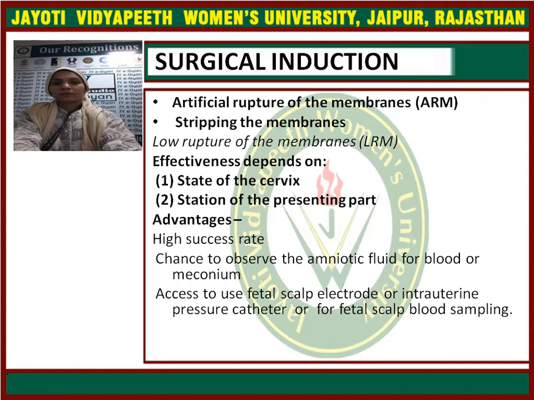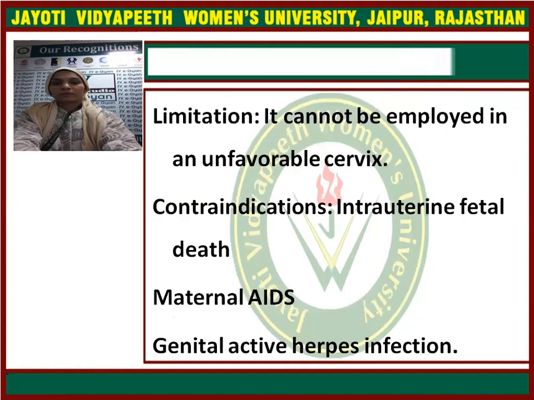There is a chance to observe the amniotic fluid for blood and meconium when the rupture of membranes is done. Access for a fetal scalp electrode is easy, and an intrauterine pressure catheter or fetal scalp blood sampling is comparatively easy with surgical induction.